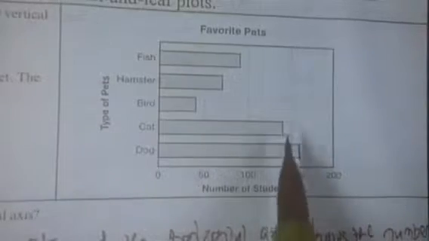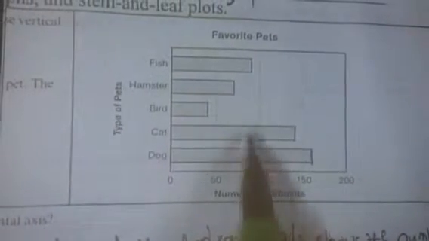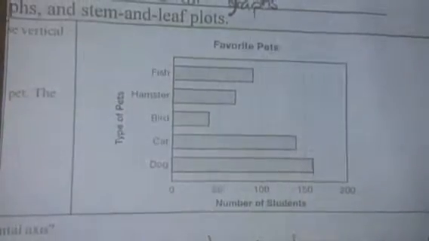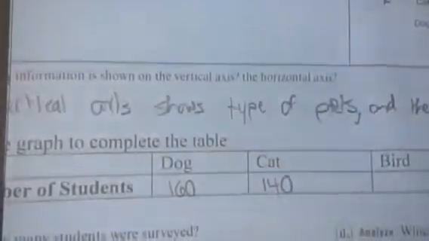The number of people that liked cats looks like about 80 or 90. Oh no, not 80 or 90. That would be if it was right here. This looks like it's in between 100 and 150, closest to 150, so it looks like about 140. So the number of people that like cats is about 140. Number of people that like birds looks like it's about 40.